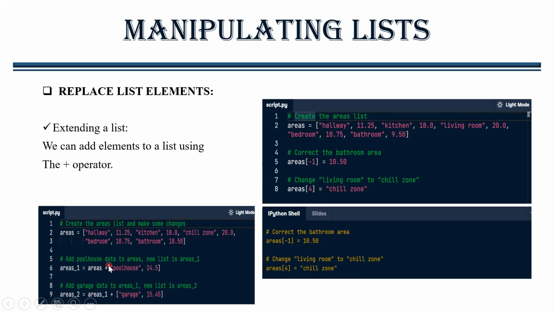If we want to add the pool house, in the list area we will use the plus operator to add the pool house and its area, and name the new list area 1. So in this way, we can replace list elements by subsetting the list and assigning the new value, and extend a list by using the plus operator.